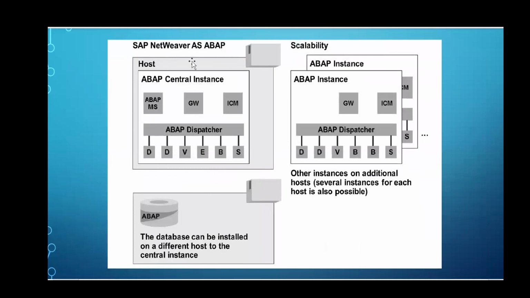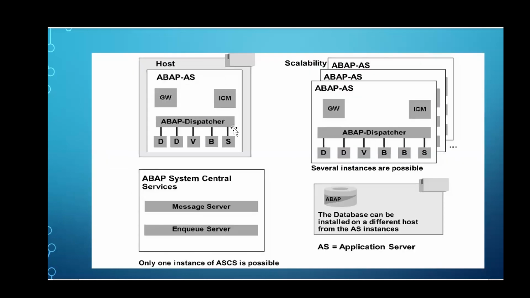I will give you in a very layman manner. This is my older version. Before 7.0, I just had the central instance where I had my message server, gateway, and ICM in my host. Here, I will not be having my message server in my application server. Instead, I will have separate central services with my message server plus NQ server.